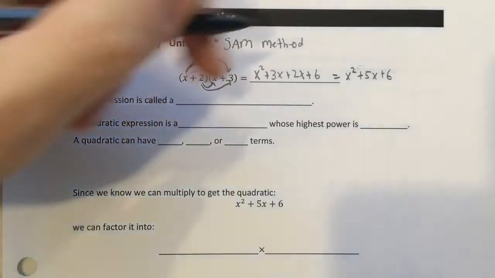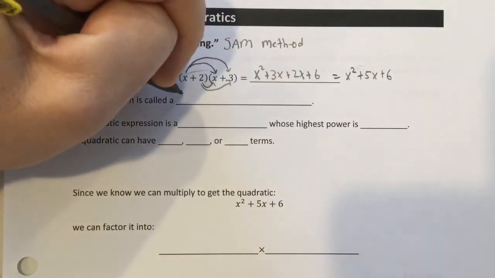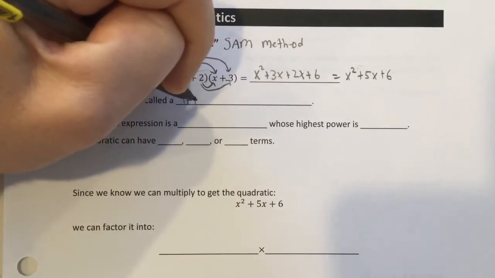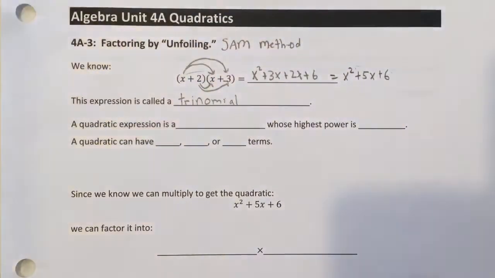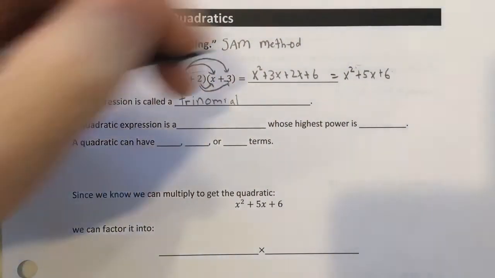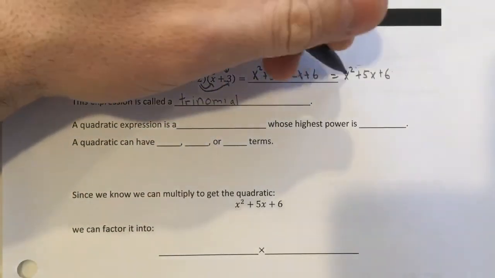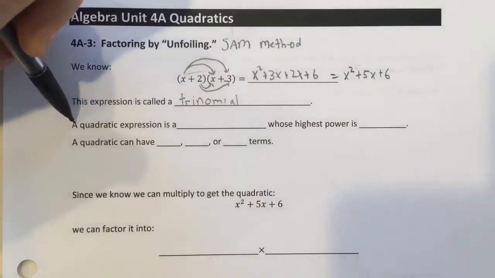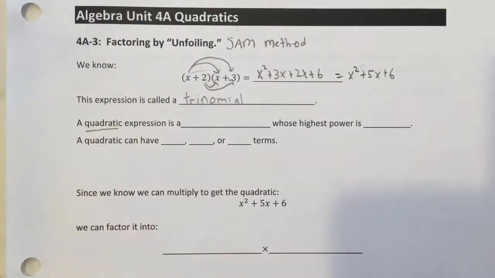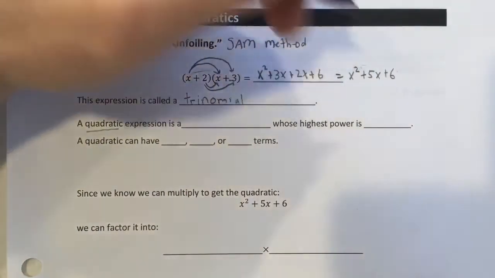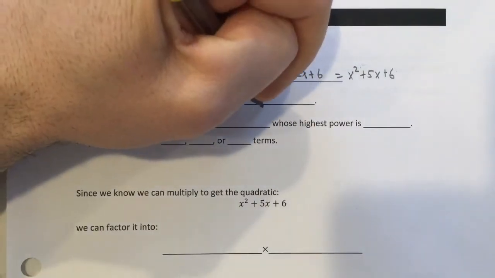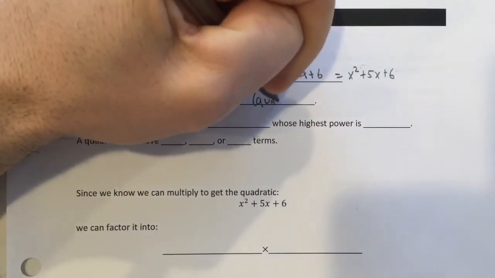So this expression is called a trinomial. There's 3 terms, and it's a quadratic trinomial. All right, so a quadratic, and I'll write that, it's also a quadratic.